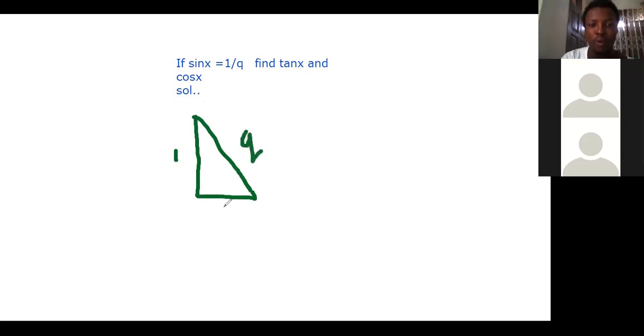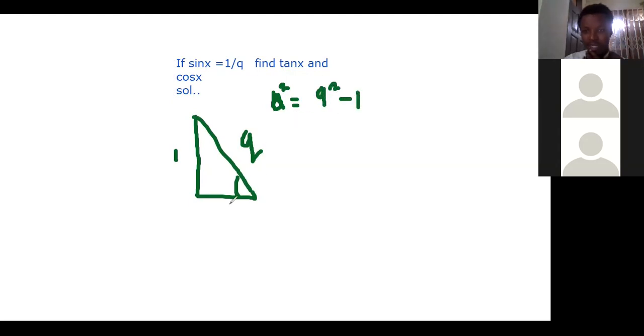Then we have to find the adjacent. The adjacent, denoted by a, is equal to k squared minus 1. That's what we are going to get for the adjacent.